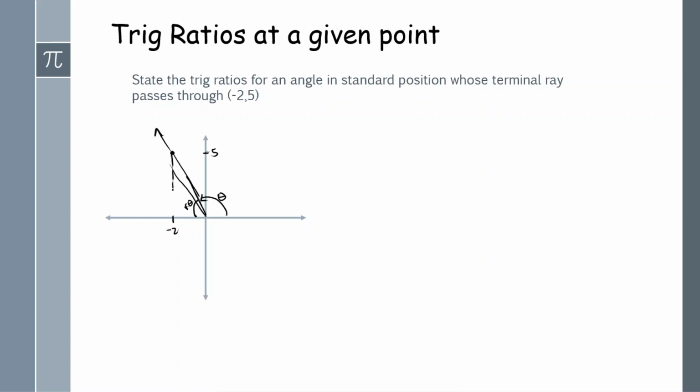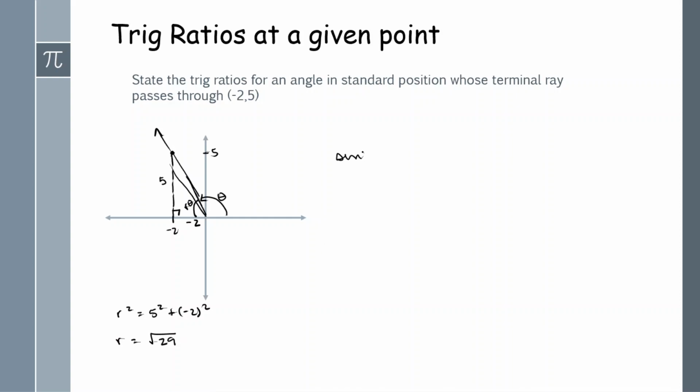And so we have a right triangle with a y value of 5 and an x value of -2. So my r squared will equal 5 squared plus -2 squared. So r is going to equal the square root of 29.